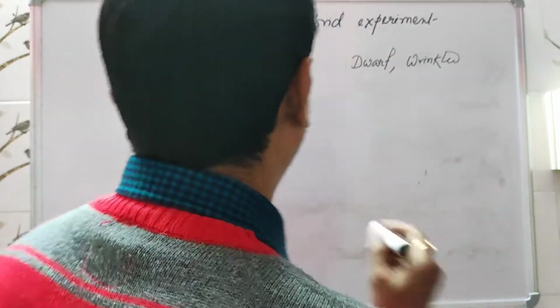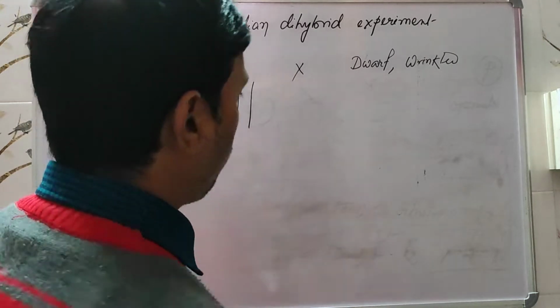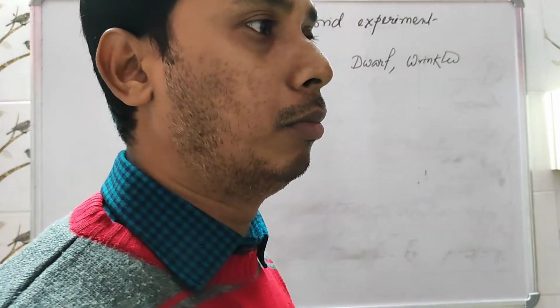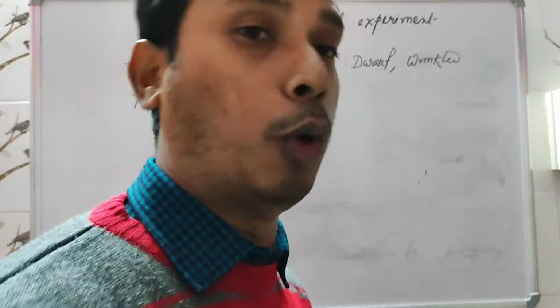If we see the chromosome, and in my previous video I already said that the pea plant is a diploid organism.